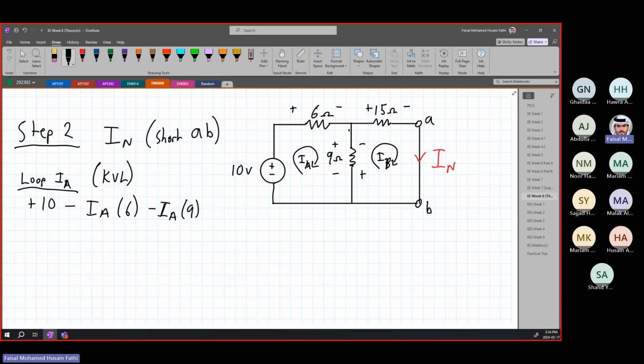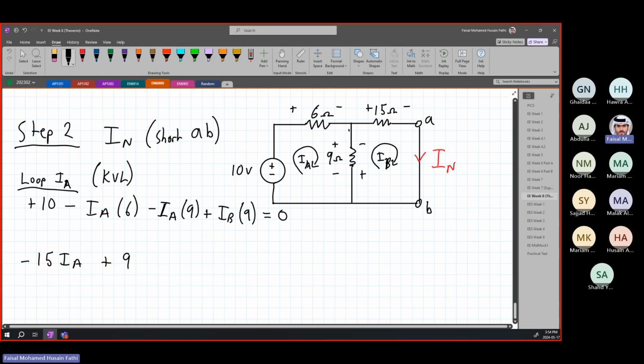However, since we also have IB going upwards, it's plus IB times 9, because it's a voltage gain, equal to 0. If we simplify this, grouping up the IA, it's minus 6 and 9, that's minus 15 IA plus 9 IB equals minus 10.